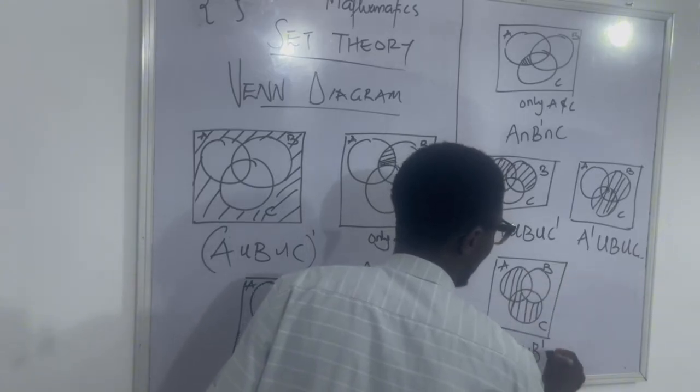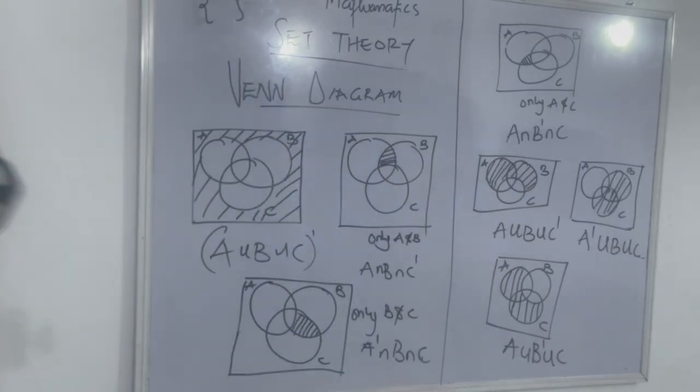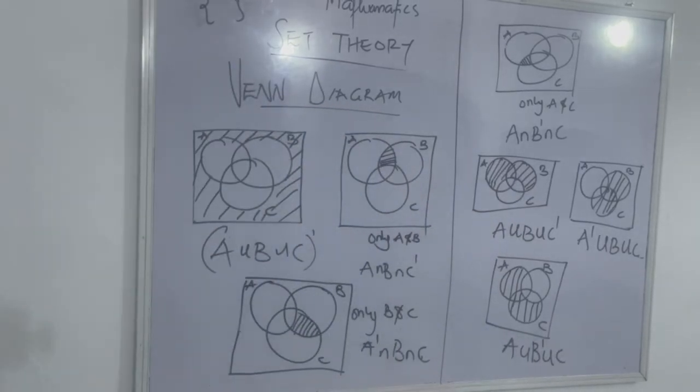So union B complement union what? Union C. So from there, we move to what? We move to solved examples.